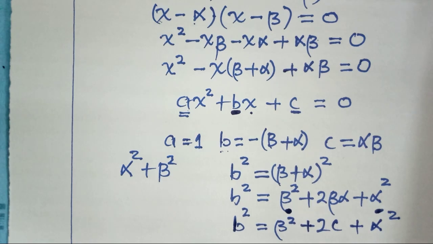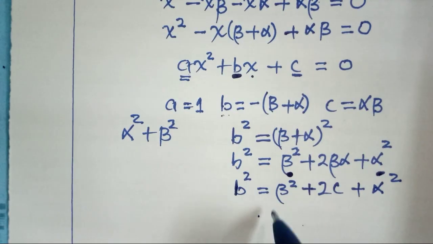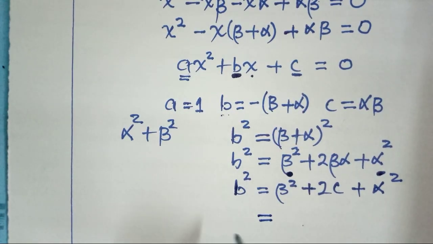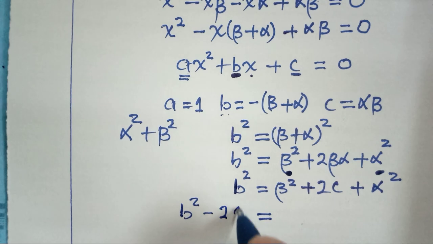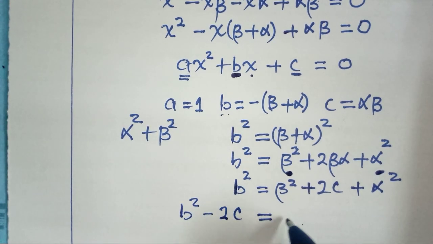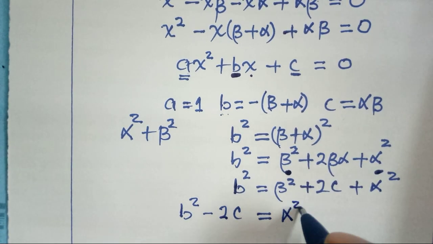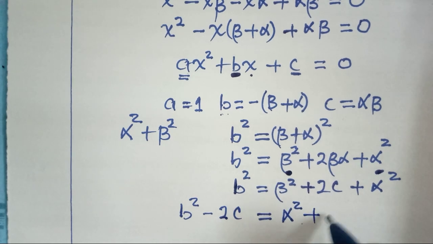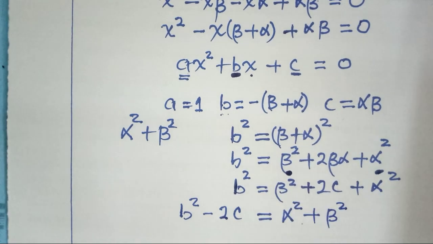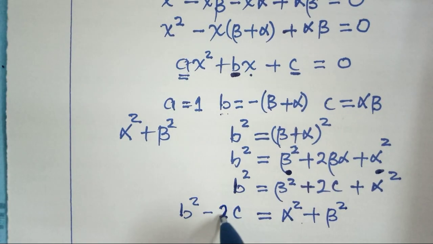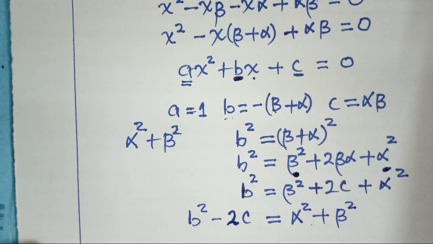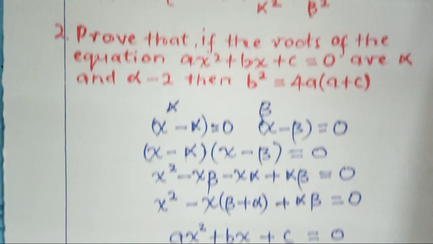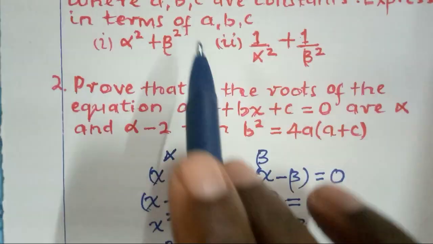So I will now bring my 2c to the other side, so that we shall have b squared minus 2c is now equal to alpha squared plus beta squared. So guys, this is what we are looking for. But because we are taught to express them in terms of a, b, c, we can now put our a.